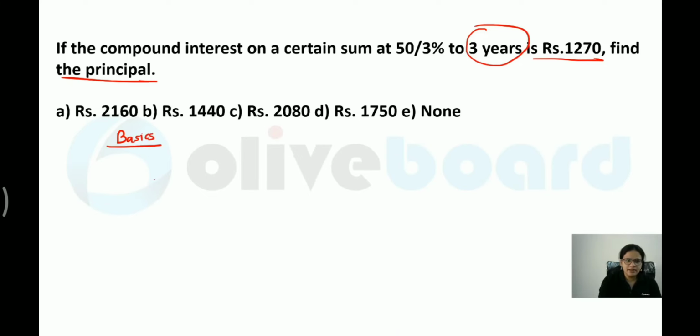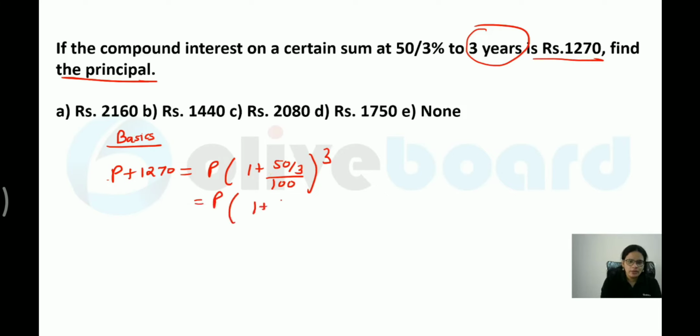The principal value is not known. So let me calculate the amount as 1270. Principal plus the value of compound interest. This is equal to principal and 1 plus you can calculate 50 by 3% over here whole to the power 3. Are you getting it? So this value you can check. This is nothing but P in bracket 1 plus 50 by 300. So what you are getting? 5 6s are.